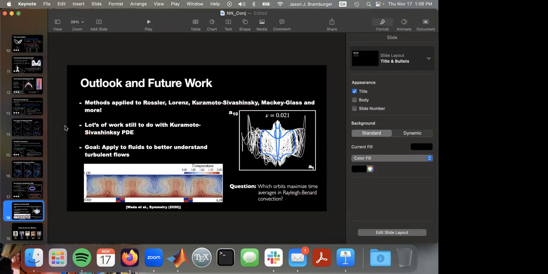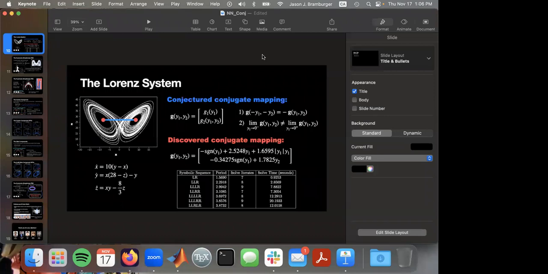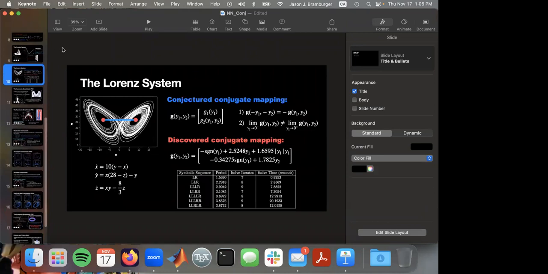I want to ask another question, and this is more curiosity. If I look at the Lorenz system, and I'll take a closer look at the Rössler, but in Lorenz it's very clear that the two centers are basically very close.